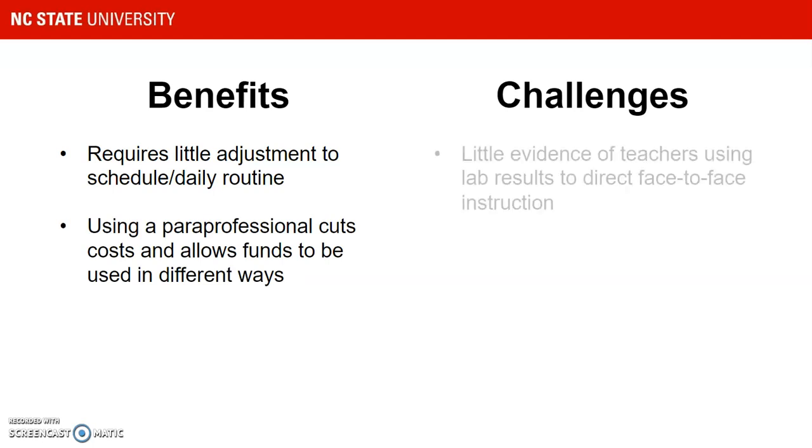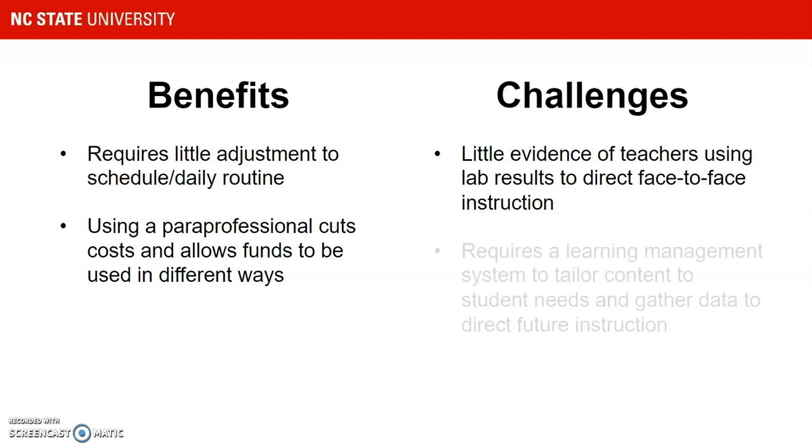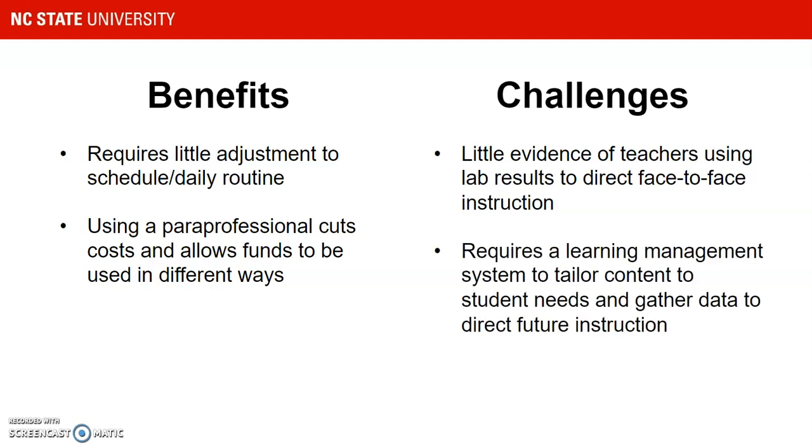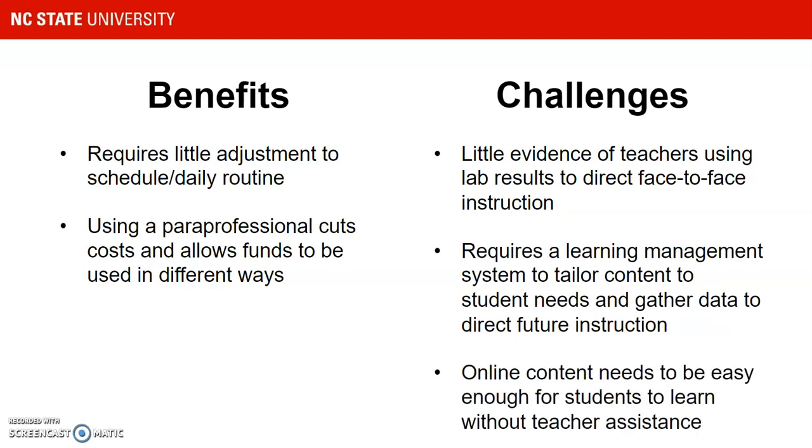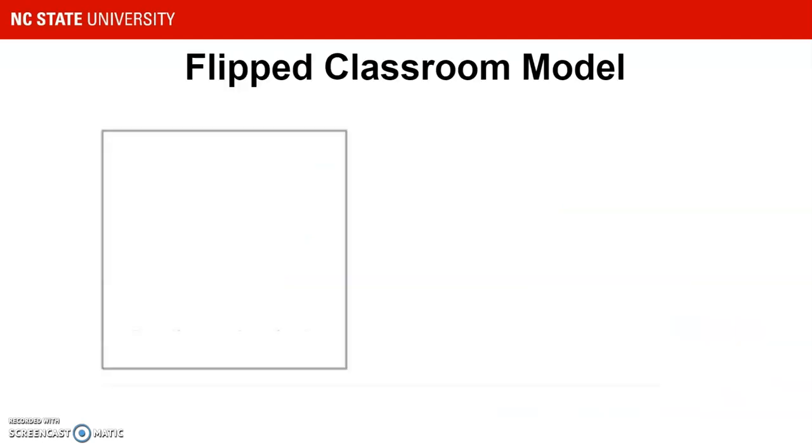A paraprofessional cuts costs. Challenges are that there's little evidence of teachers using the data to direct face-to-face instruction. A learning management system is necessary. And again, online content needs to be easy enough for students to learn without teacher assistance.